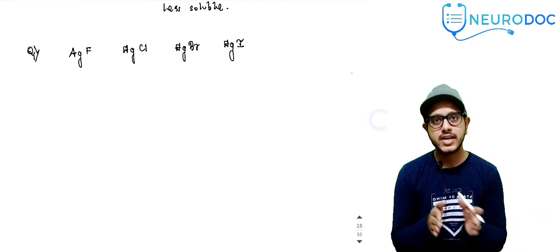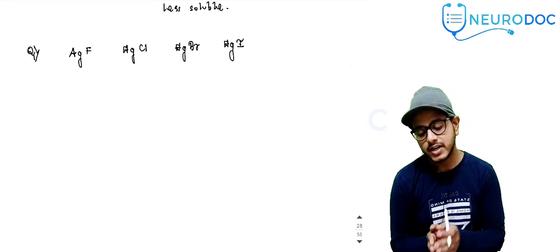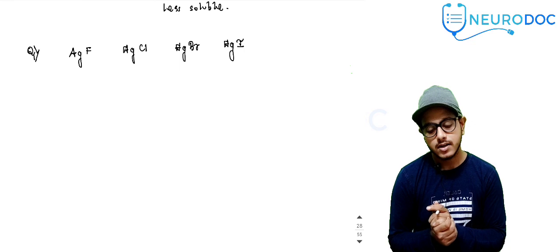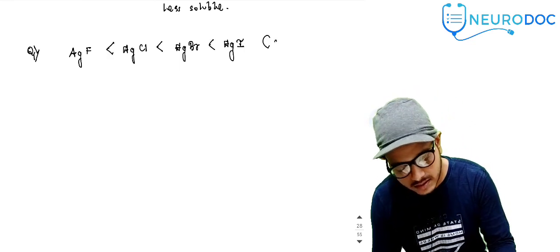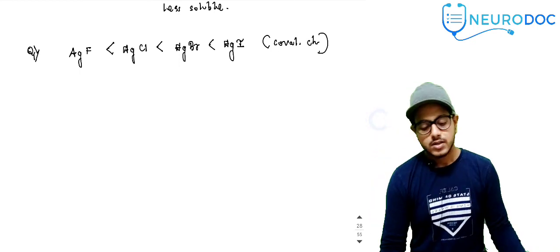Obviously in AgI, because the cations are same, Ag plus, and the anions are different, F minus, Cl minus, Br minus, I minus, right? So the covalent character increases in this order.